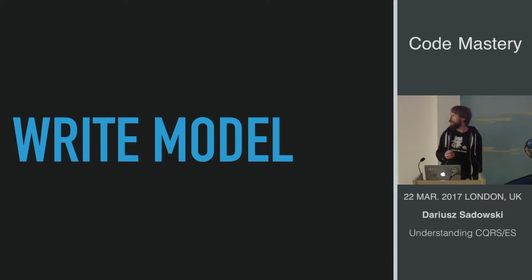Write model are your entities your business logic works on. This is a representation optimized for change, which encapsulates all the behavior of your application, which affects changes to the whole system.